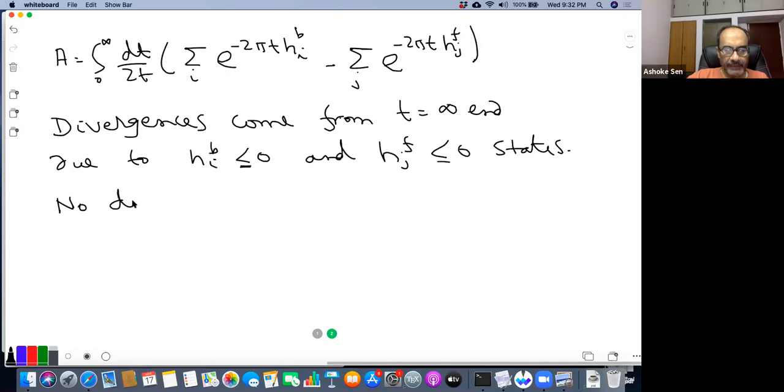There is in fact no divergence from the t goes to 0 end.